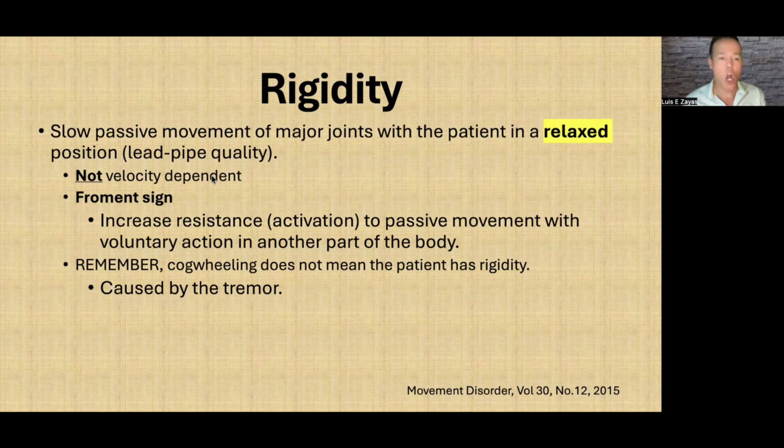Now, remember that cogwheeling is the effect of the tremor. For example, in essential tremor, you can have the cogwheeling phenomenon, but you cannot have cogwheeling rigidity in ET, essential tremor.